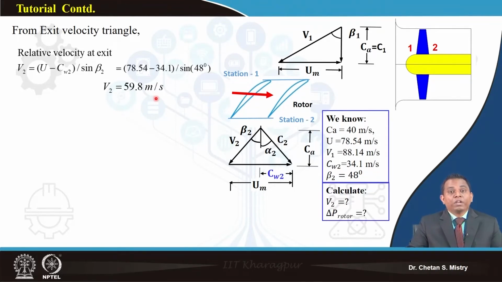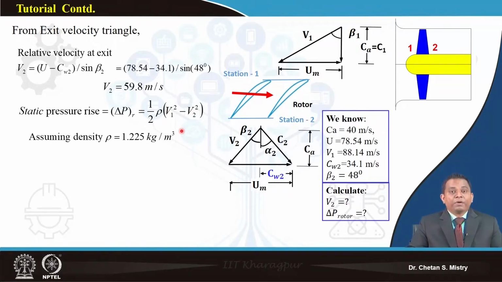Now in order to calculate my static pressure rise in the rotor, I will say my delta P is given by half rho into V1 square minus V2 square. I am looking for my density.